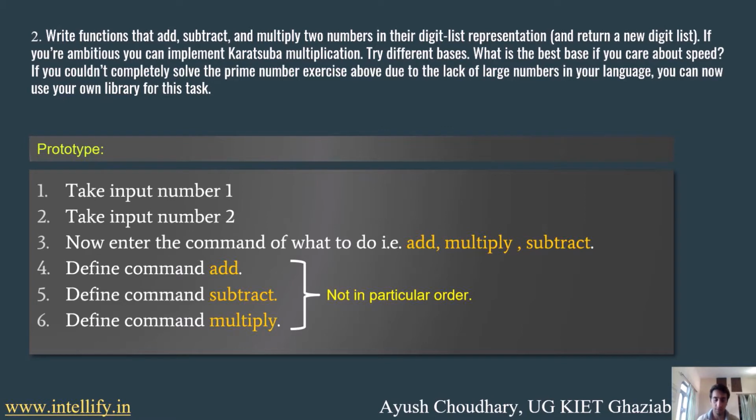We are given two numbers, and we have to do addition, subtraction and multiplication. We can definitely do these three operations simply with the plus, minus and multiply operators, but that is not the task.